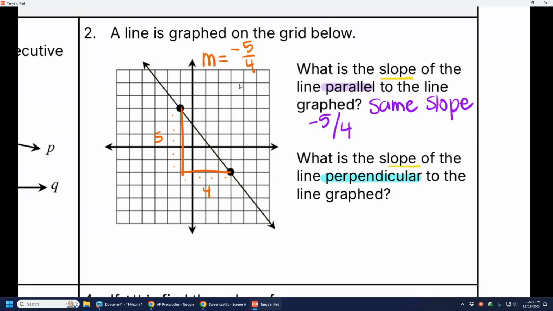Instead, what we're looking for is opposite reciprocal. So that means that I want it to be opposite, one positive, one negative, and then reciprocal means to flip it. So since the one we have is already negative, we're going to have positive, and instead of 5 over 4, flip that upside down, we are going to have 4 over 5. So on the test, make sure that you're reading carefully which one they want you to do.